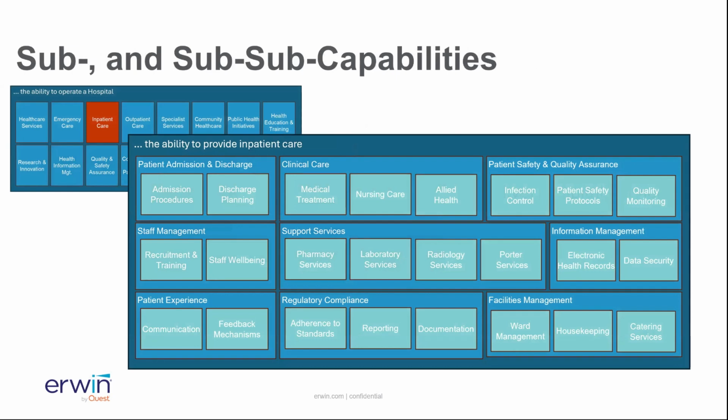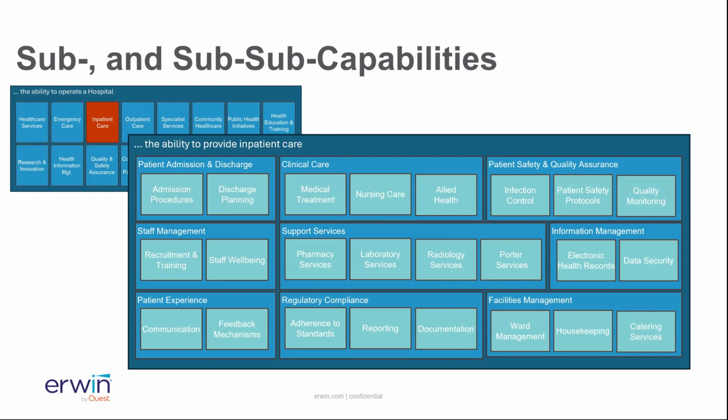Now, remember the top level model we showed, that's shown in the back here. We can drill down inside that. So, for example, inpatient care breaks down to a whole set of sub capabilities. And within there, there's sub capabilities. And of course, a hospital is a very large organization.